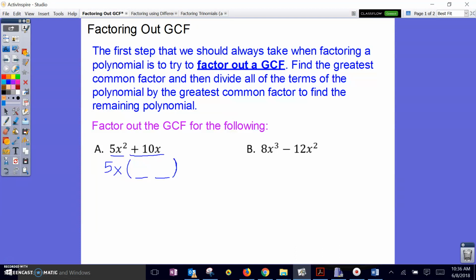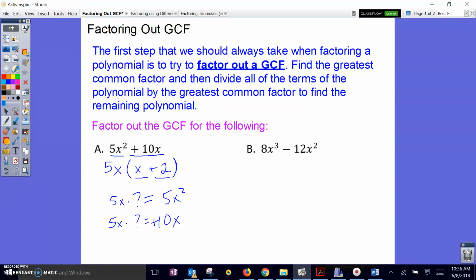So if you think about that question, 5x times what gives us 5x squared? The answer to that question is x, so that's going to be the first term in our second factor here. And then we ask ourselves the question, 5x times what gives us positive 10x, and that's plus 2. And so there's our factorization for this first polynomial, 5x times the quantity x plus 2.